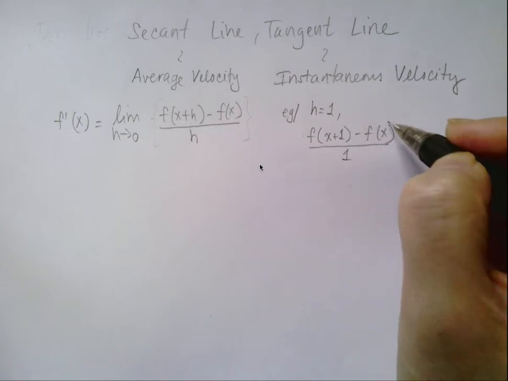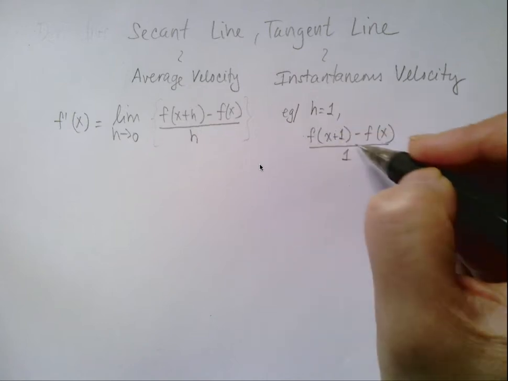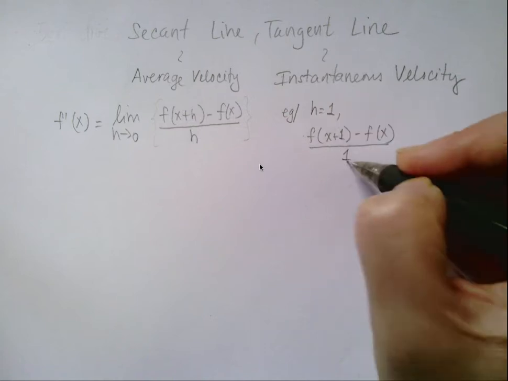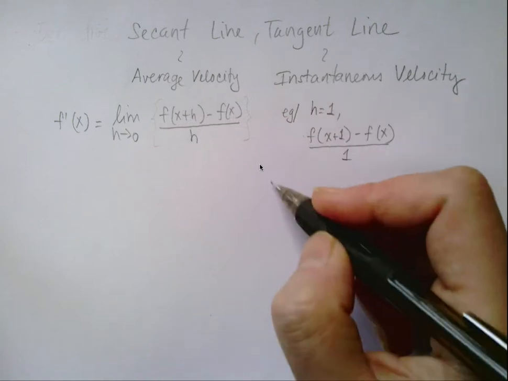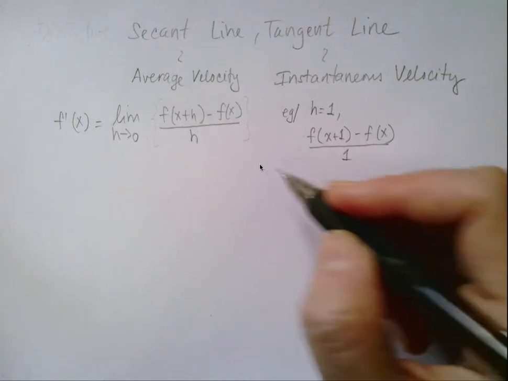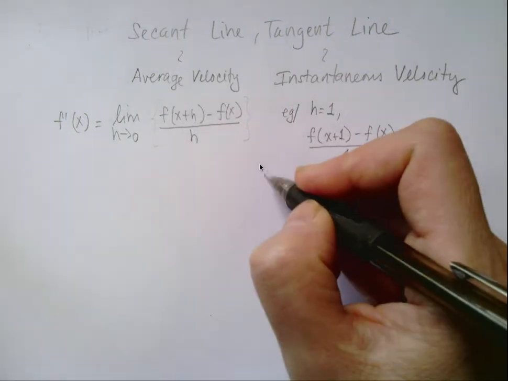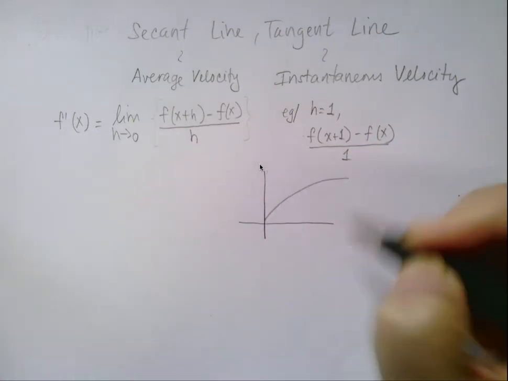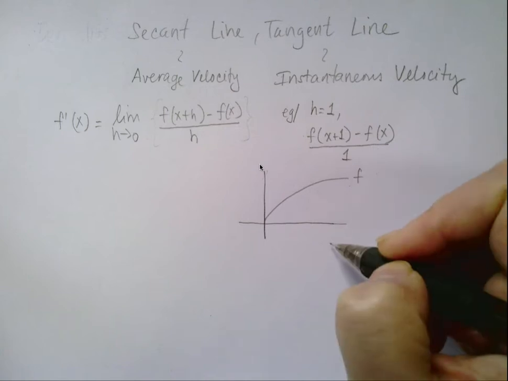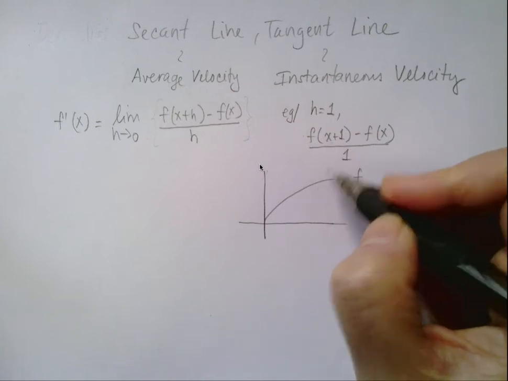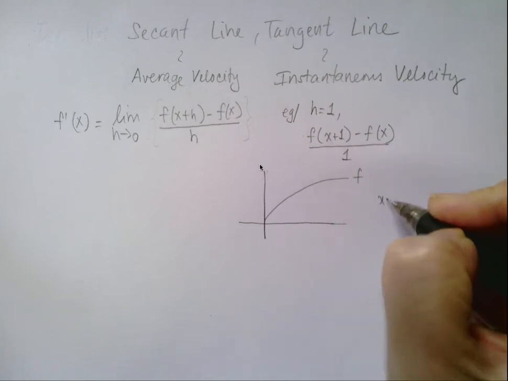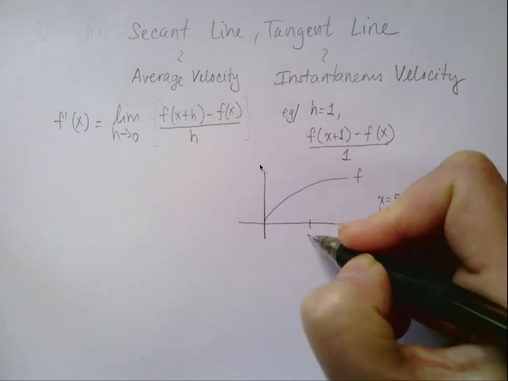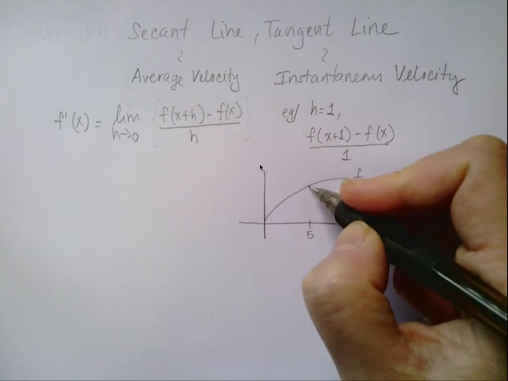Okay? That is the average velocity of the function f over 1 unit time interval. What would that look like? Well, let's look at the graph of a function f. Let's just say it looks like that. Okay, and let's say, just to be concrete, that x equals 5 in this situation, h equals 1. So maybe this is 5. All right.